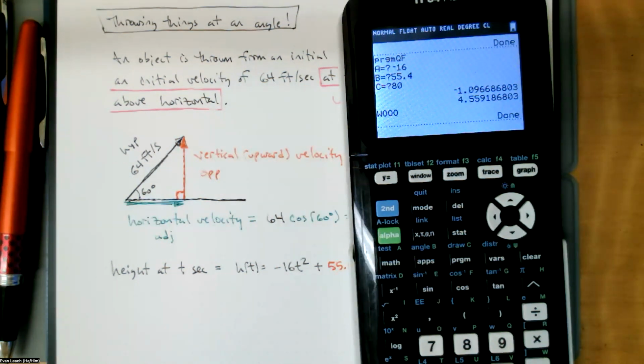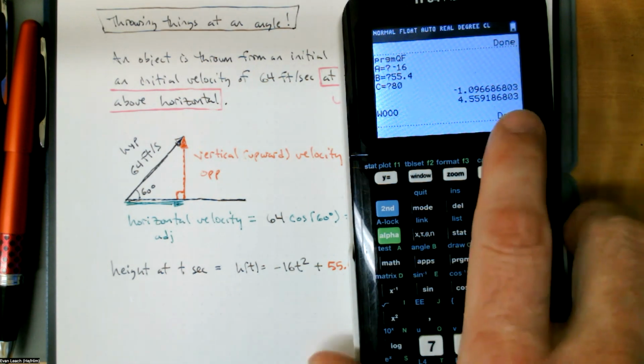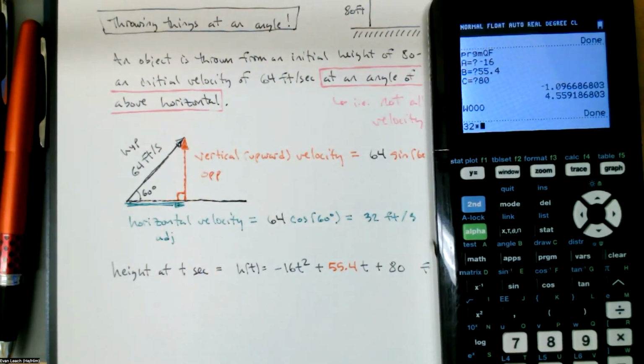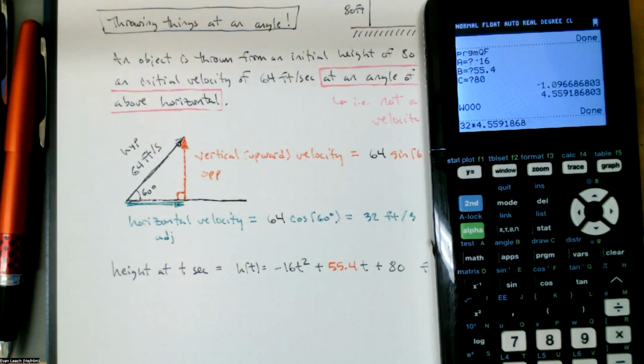It's going forward at 32 feet per second for 4.55 seconds. So if we want to know how far the object went, we just take our horizontal velocity, 32, and multiply by how long it's in the air, 4.559186803.